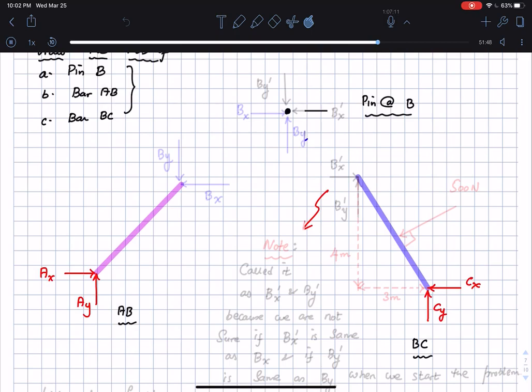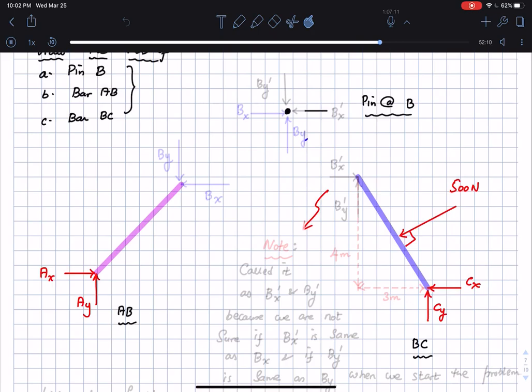Now here is what I'm going to be drawing, because there was actually a force acting on the bar. Once again, there is also a force acting on the bar BC. So I have this force which is of magnitude 500 newtons, making an angle of 90 degrees with respect to the bar BC, which is acting here.